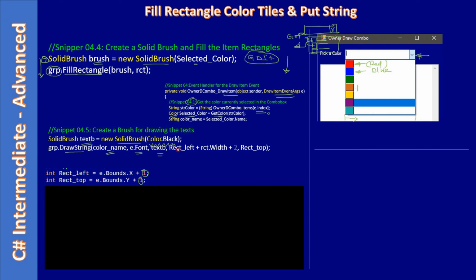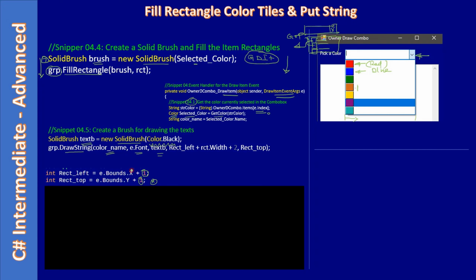So rect left, we know the rect left, which was already calculated when we drew this empty tile. In the previous video itself we drew the empty tile, and that time we calculated the rect left as well as rect top. So for now we will forget about the y, we will consider x, because we need the x offset only.